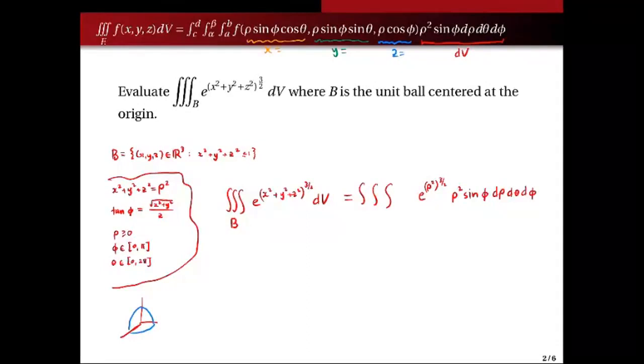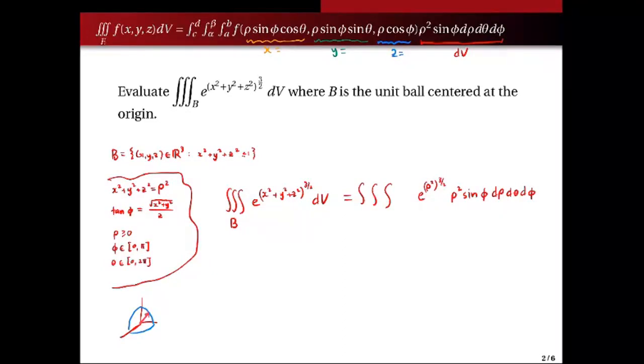In here, we will have our rho run from the origin going to the roof of the ball. So our rho will be from 0 up to 1.